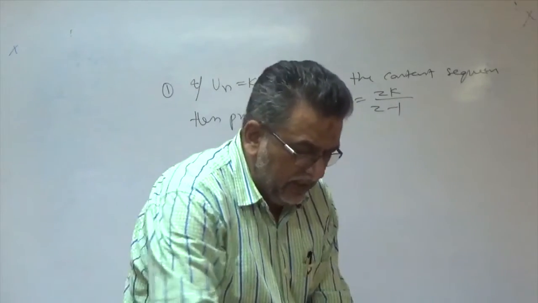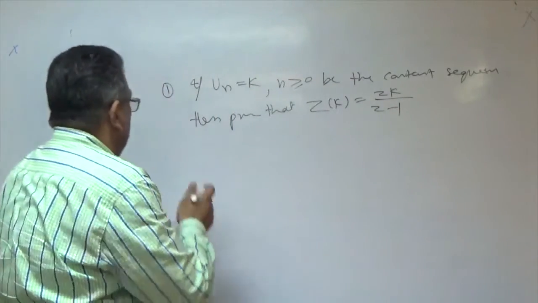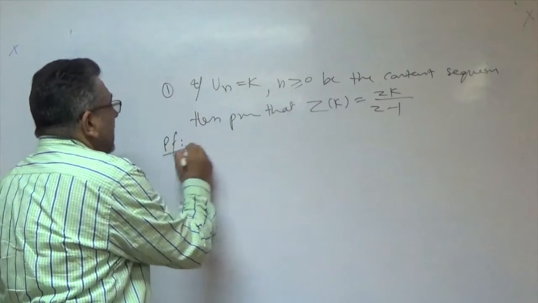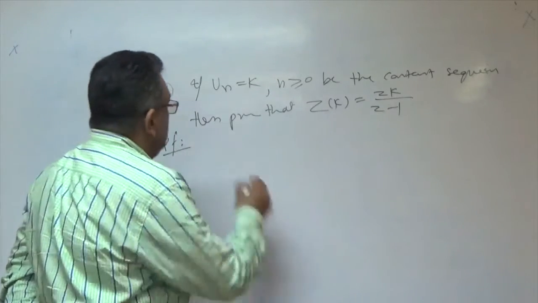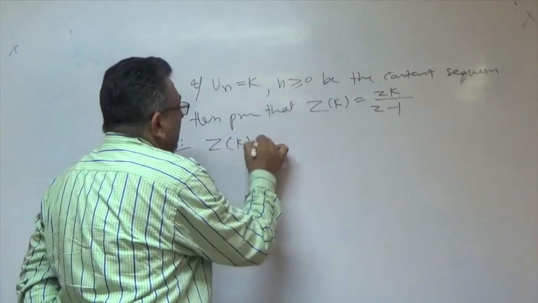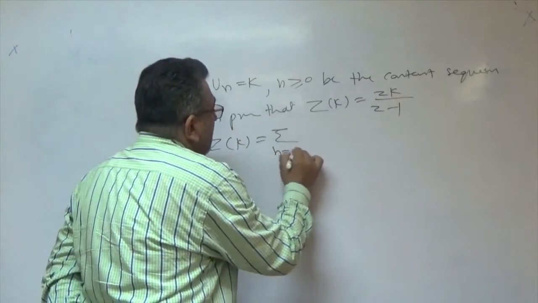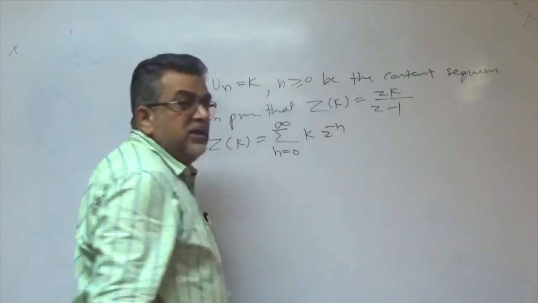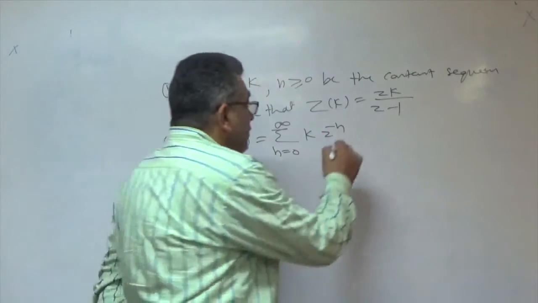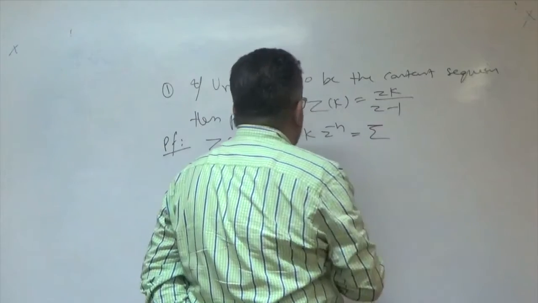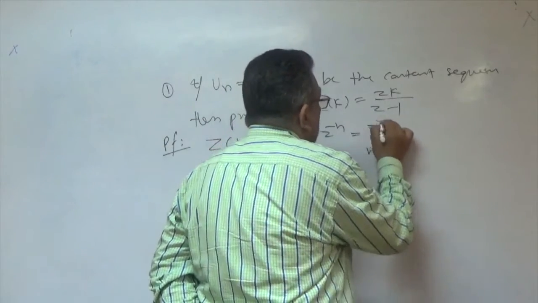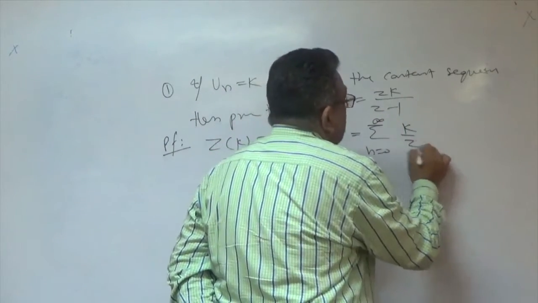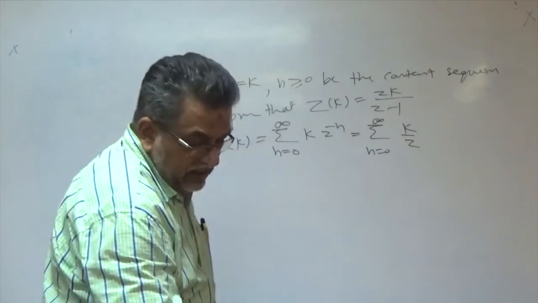Very simple numerical. You can solve it directly by the definition of Z transform. Z transform of k, by definition, is sigma n equal to 0 to infinity k into z to power minus n. If you take this negative power, we can write this as k upon z to power n, right?